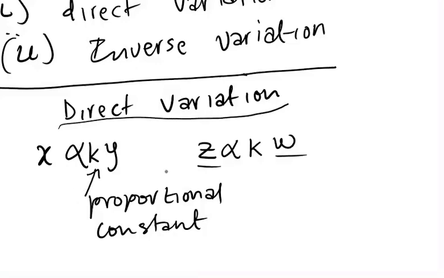So when they say x is direct proportional to y, this is the same as x equals k y. In simple terms, z equals k w. So you always have to put a k. This is for direct.